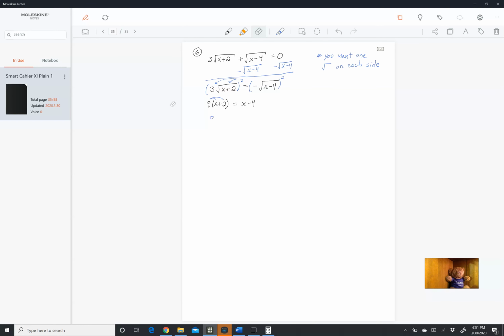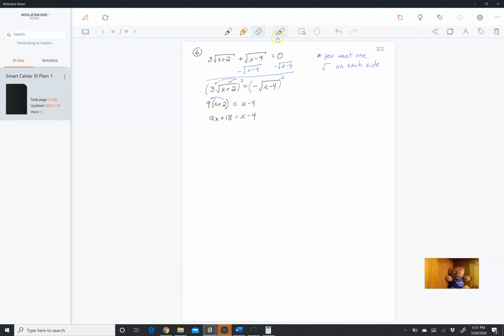And we get 9x. Oops, sorry about that. We get 9x plus 18 is equal to x minus 4. This is so that we get that linear equation written in a way that we can easily solve it. Okay.